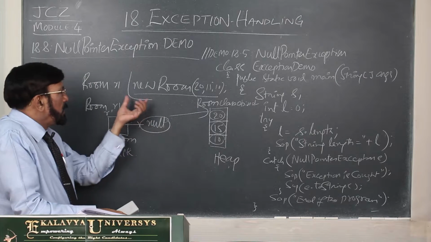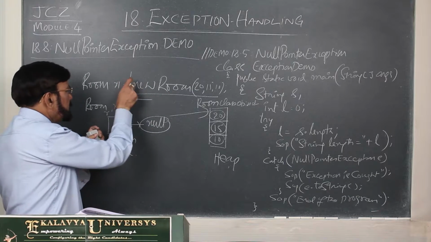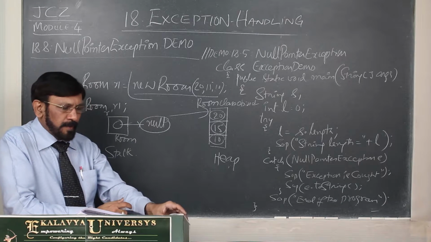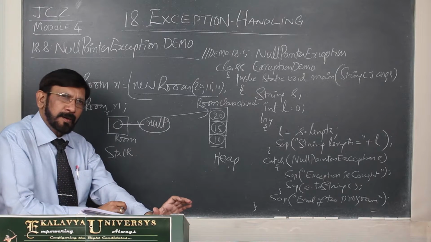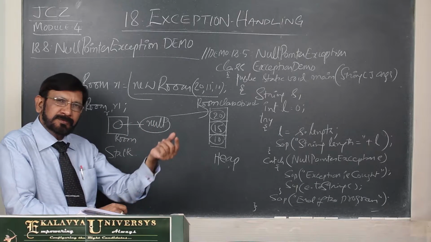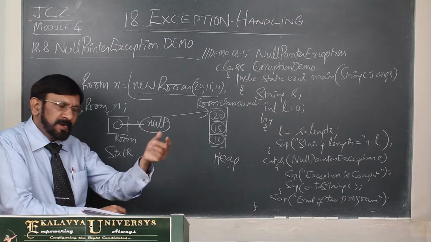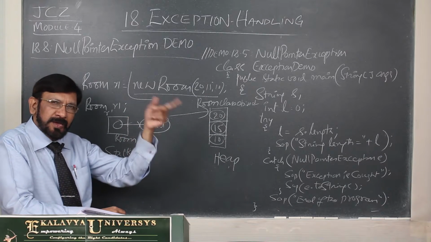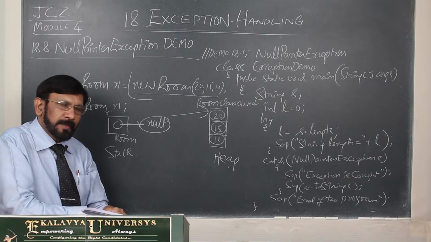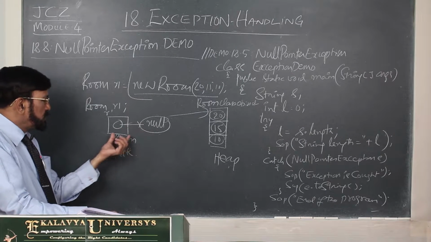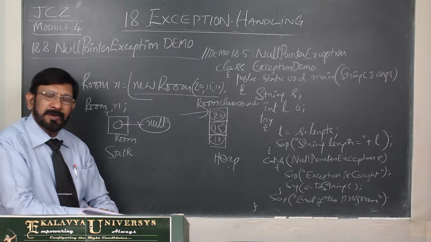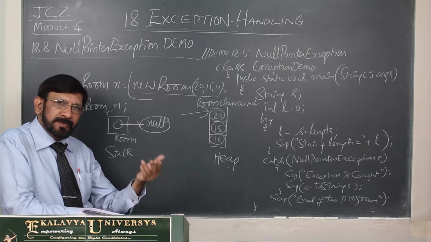Here one rule is, until an object reference is initialized with the corresponding value, it should not be used for any purpose. That means, if you use it at this stage, then it is a runtime exception.